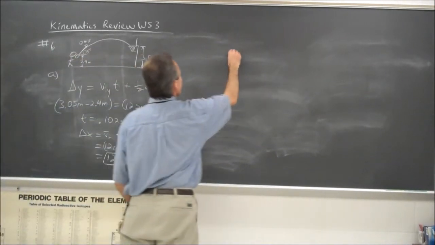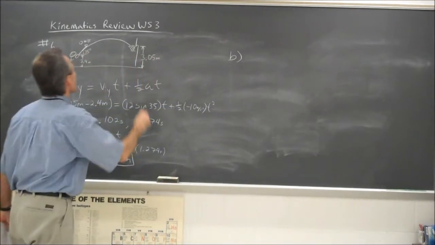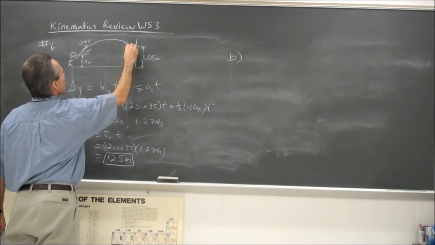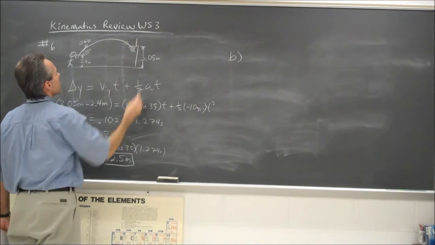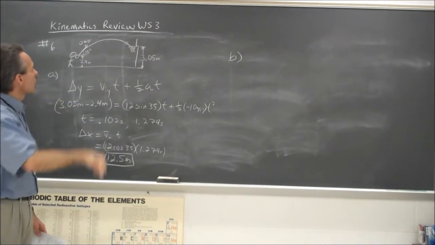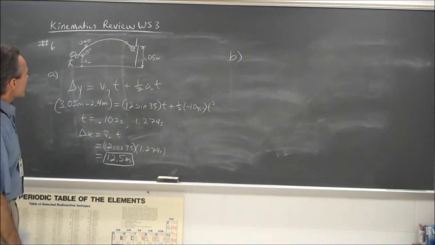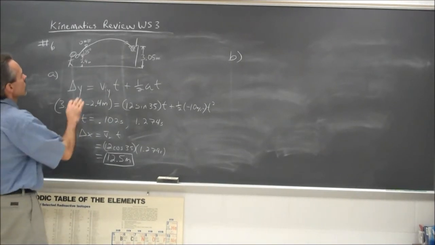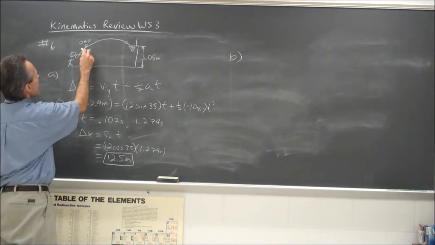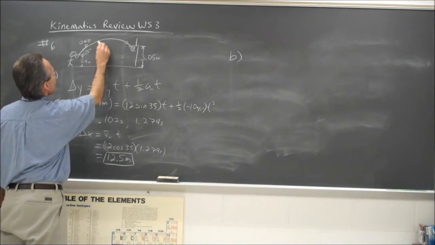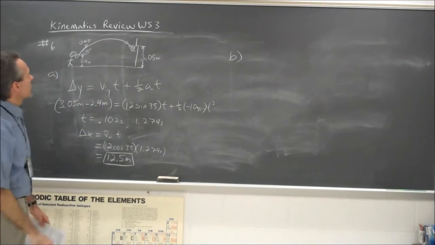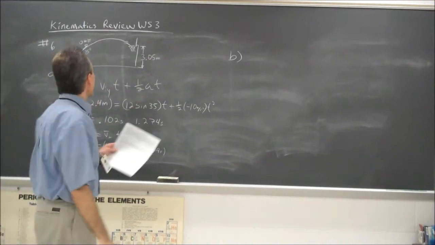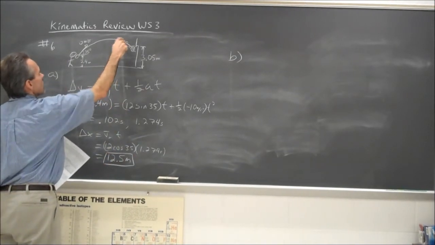Now part B wants to know, when the ball comes in here, what's the angle that it comes in? First of all, that's going to be below the horizontal, but it's not going to be the same as 35, because as it goes up we have a gradual change in that angle. So I need to know what the velocity is there.